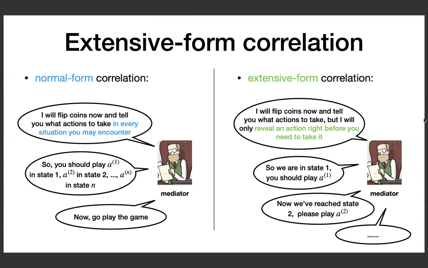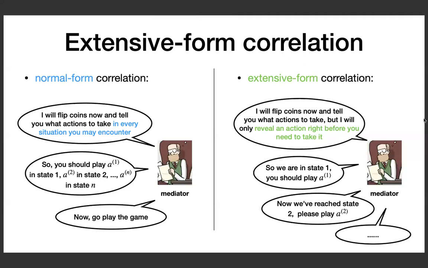So the mediator says something like, you should play action A1 in state 1, action A2 in state 2, action AN in state N. So the entire plan for a play of the game. And now the players can go play the game according to the plans.